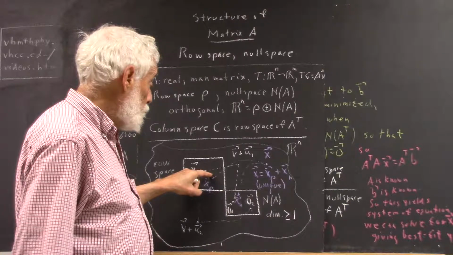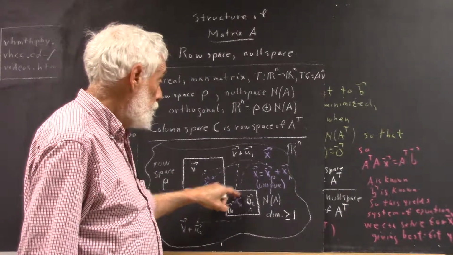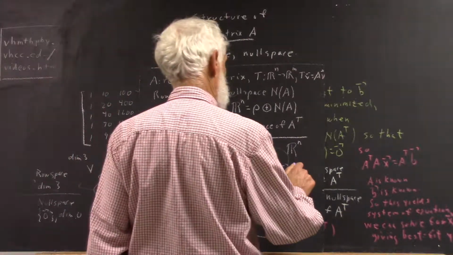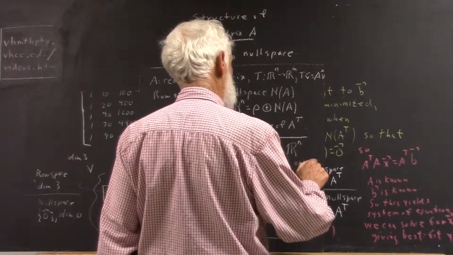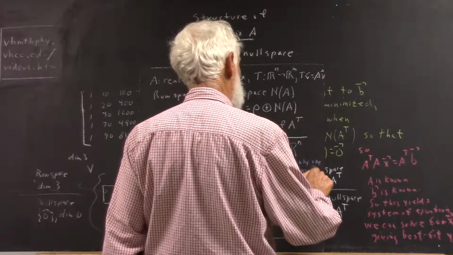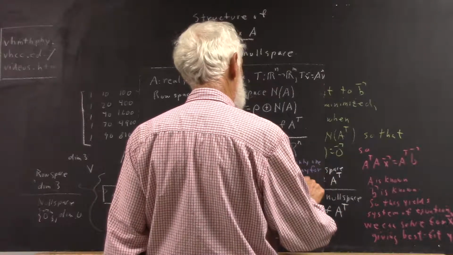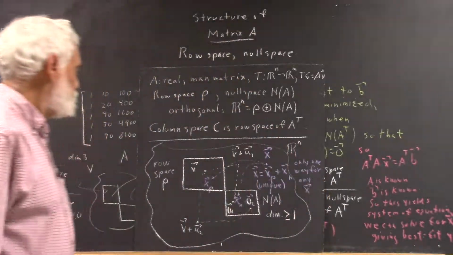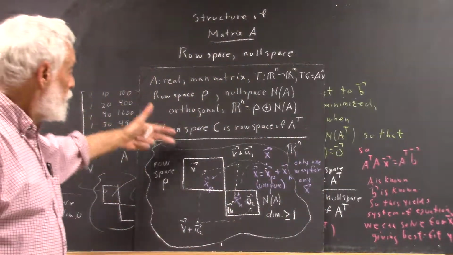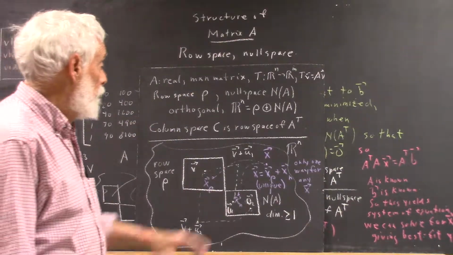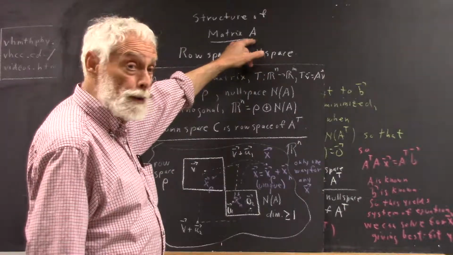Exactly one vector here and exactly one vector here that add up to this. Okay? So, only one way for any X. Okay. So this tells us a lot about the structure of Rn relative to the matrix A.